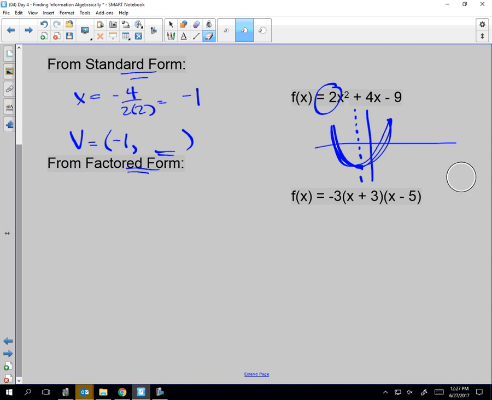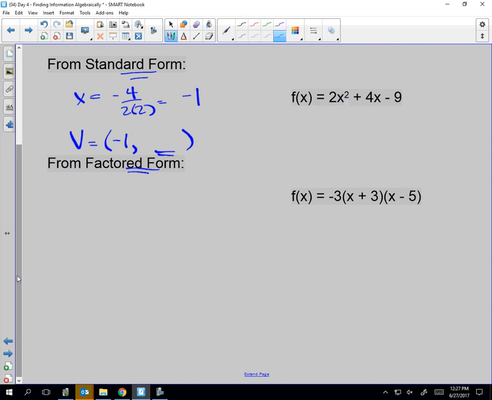We just plug and chug. So we have to plug in our axis of symmetry value, and always be careful of parentheses here, especially when you're squaring a negative number. But we're going to go through and we're going to solve for the y value, and that will finish out our vertex. So -1 squared is 1.